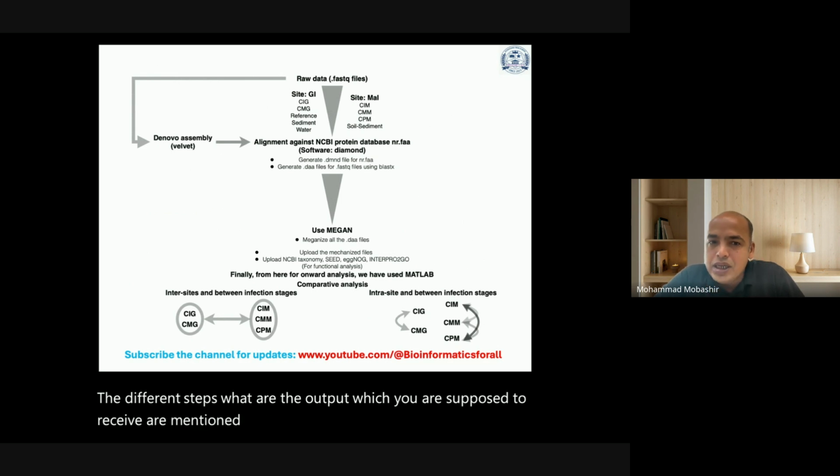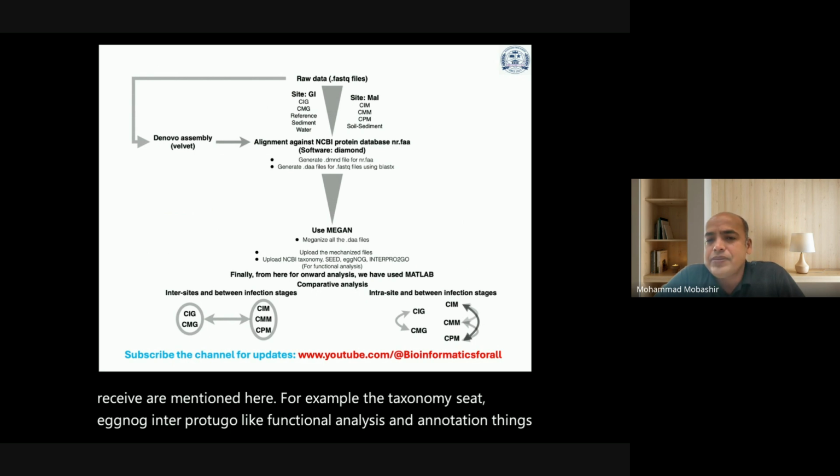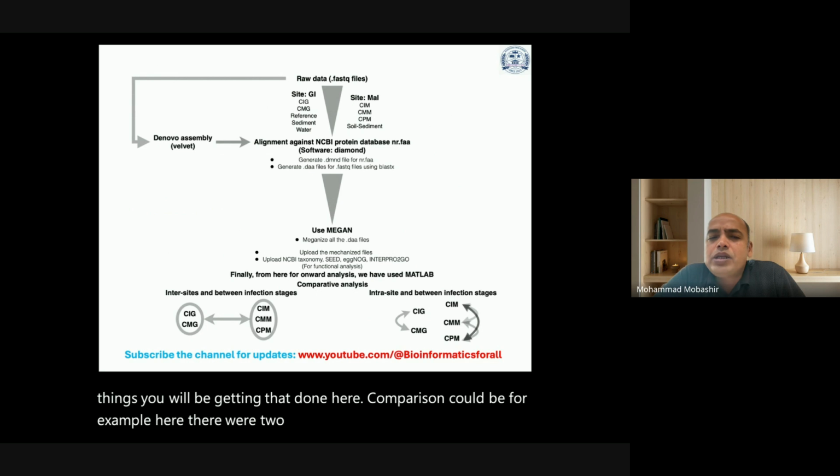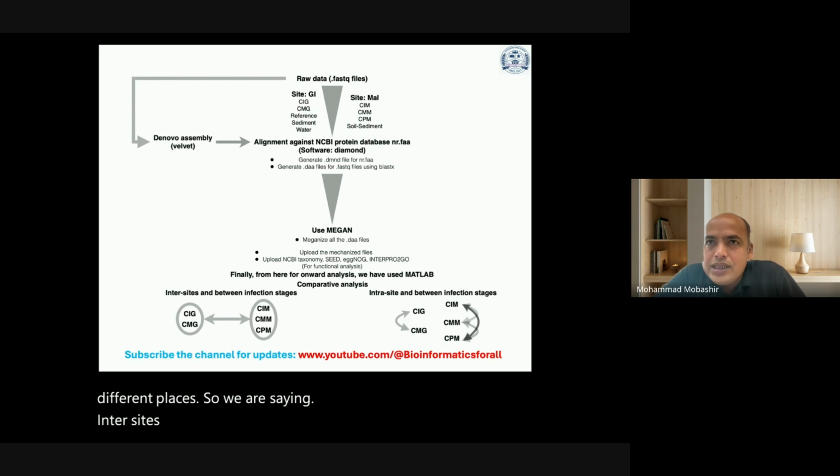For example, the taxonomy, SEED, eggNOG, InterPro2GO, like functional analysis and annotation, you will get done here. Comparison could be, for example, here there were two different types of samples from two different places. So we are saying inter-site between infection stages, and intra-site and between infection stages.